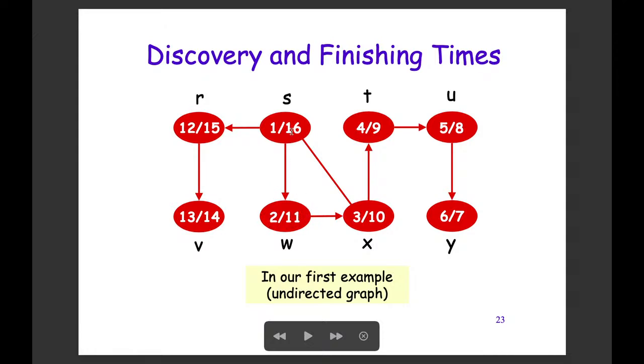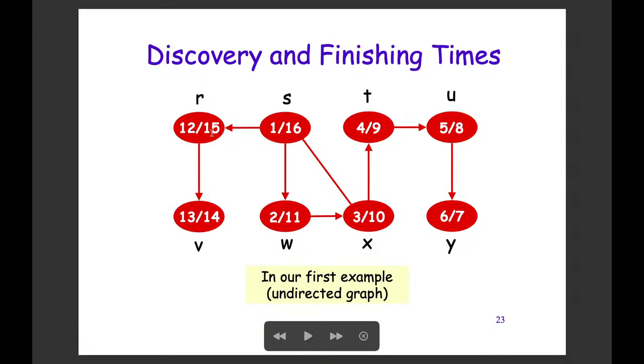So in such a case, the first node must have a later finishing time. So for each directed arrow, the one pointing to the other will have a longer interval, properly containing the one that is being discovered.